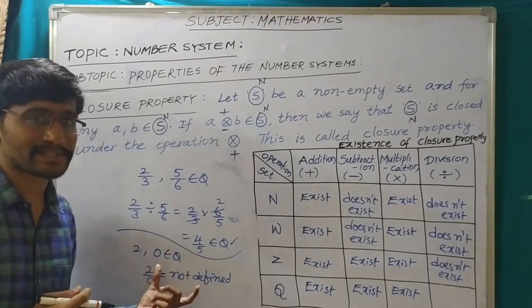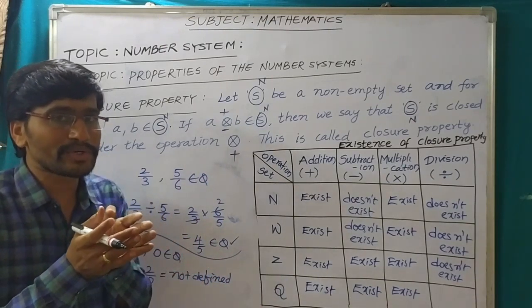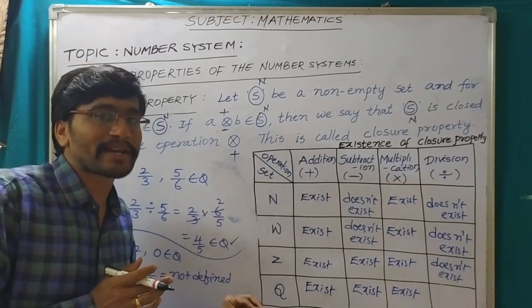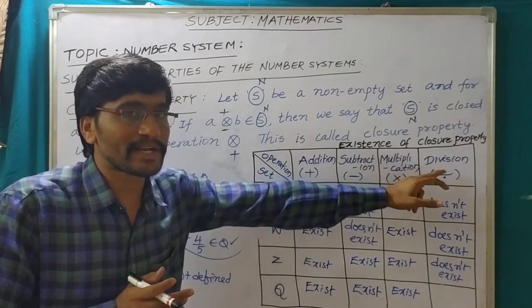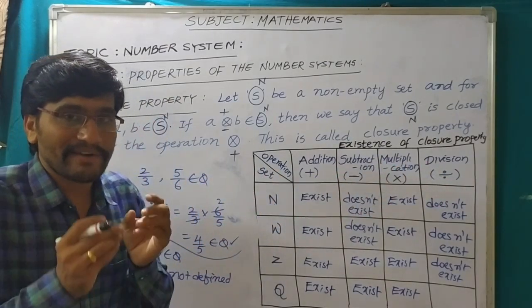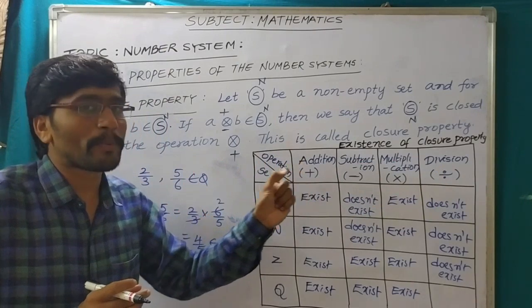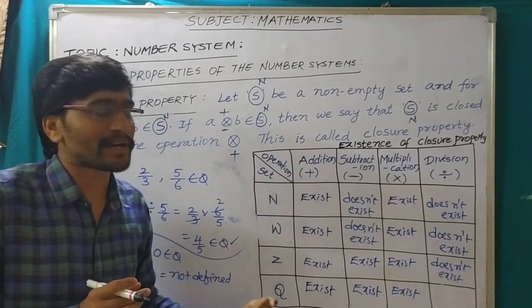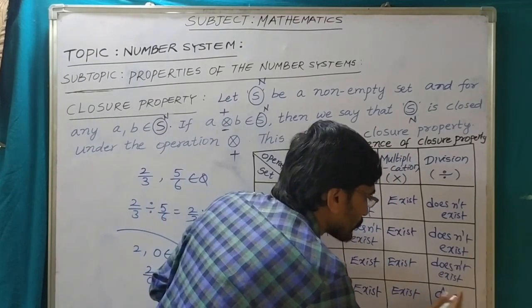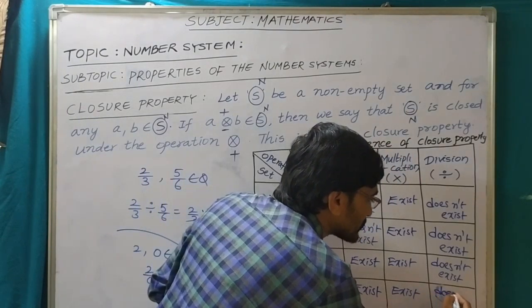So here it does not exist. So we can give one conclusion: closure property exists for rational numbers under division except 0. Otherwise we can write that closure property does not exist for rational numbers under division.